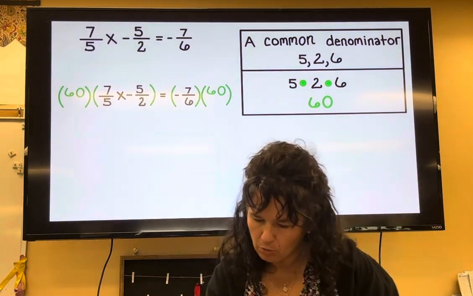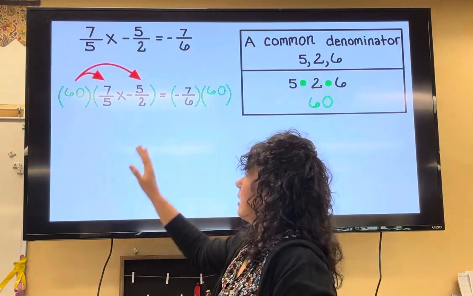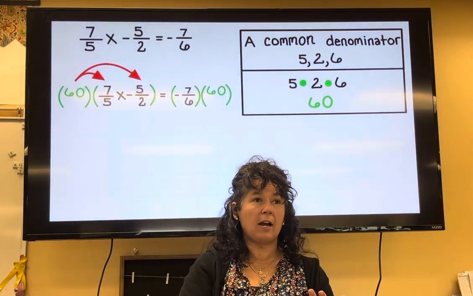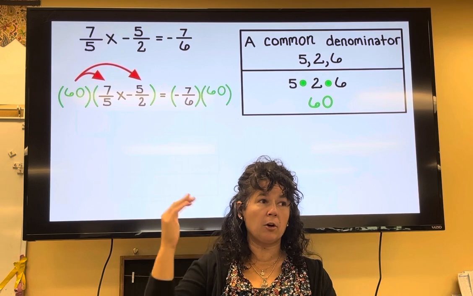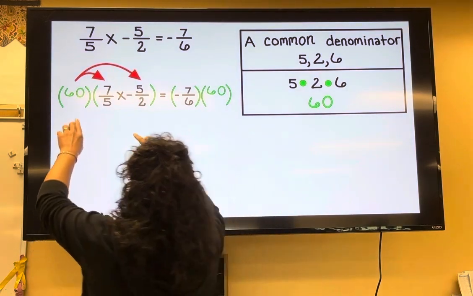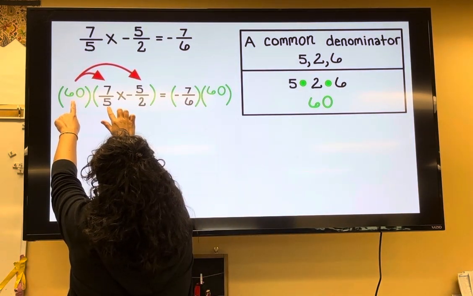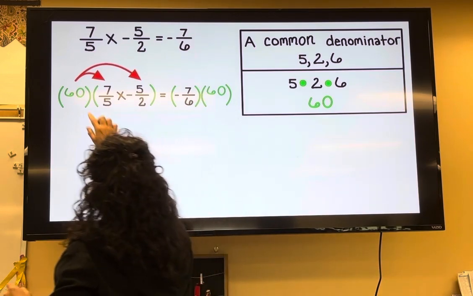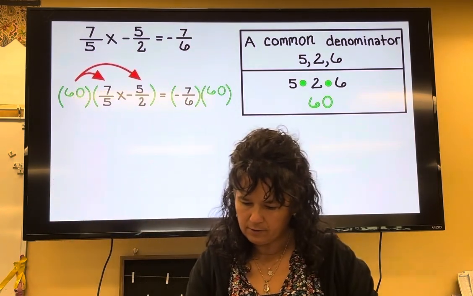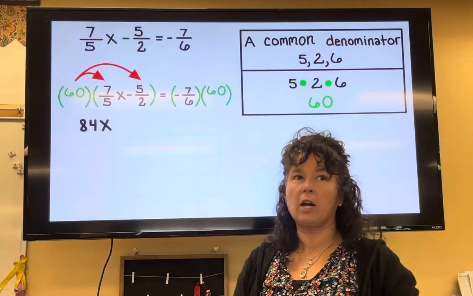Distributing the 60 through on the left side. Again, remember when you multiply by a fraction, you're dividing by the denominator and multiplying by the numerator. So I'm gonna go 60 divided by 5, which is 12, and then 12 times 7 is 84x.